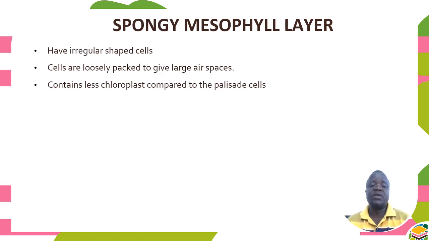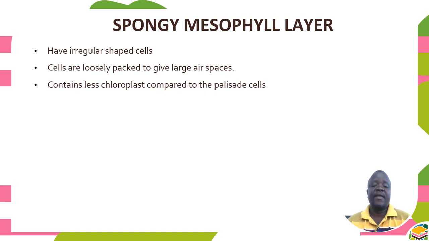We have the spongy mesophyll layer, which has irregular shaped cells. As I said, the cells are loosely packed to give large air spaces, and these air spaces can help to keep some air which might be used by the plant. The spongy mesophyll layer contains fewer chloroplasts compared to the palisade cells, as I said earlier.